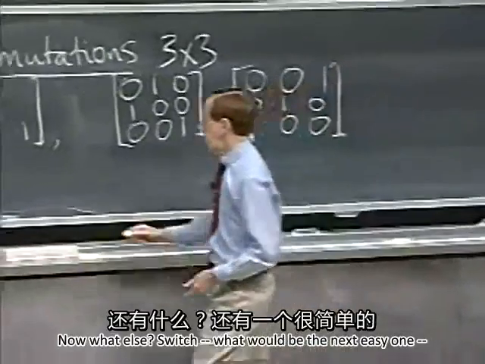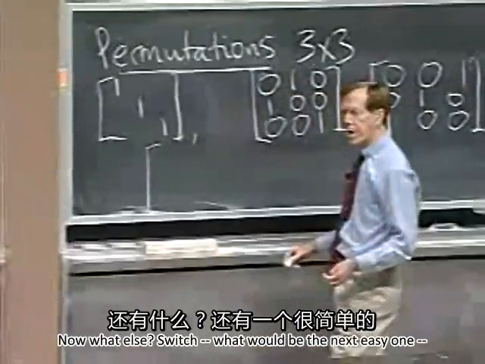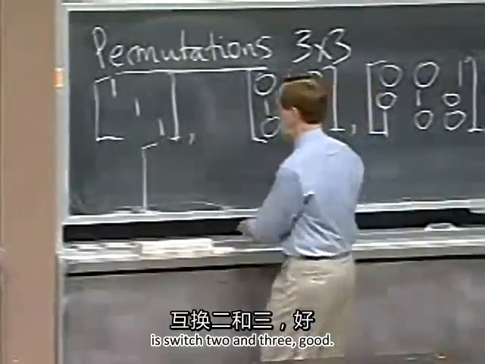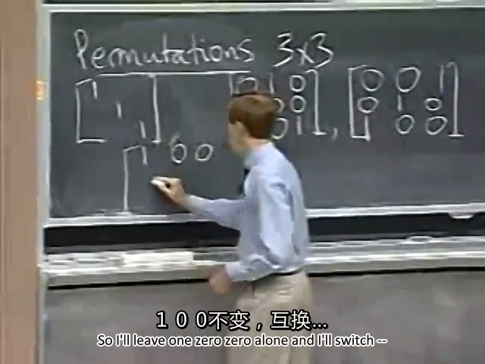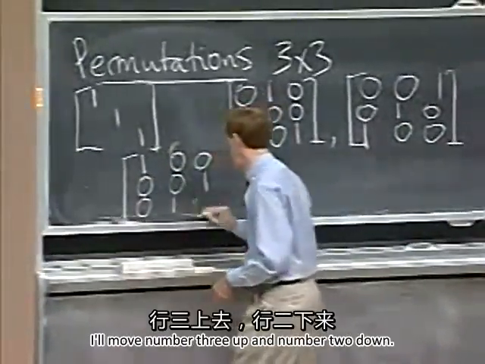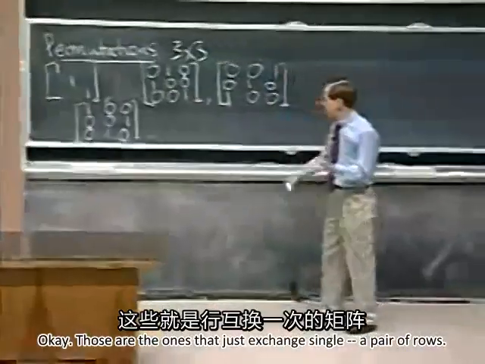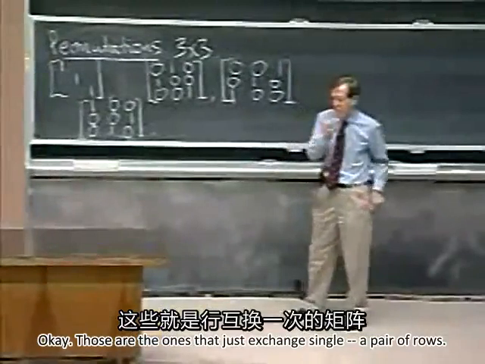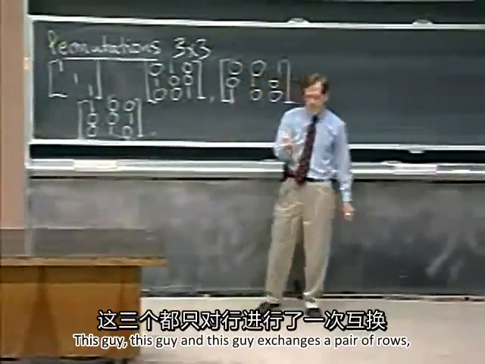Okay, now what else? Switch, the next easy one is switch 2 and 3. Good. So I'll leave 1, 0, 0 alone, and I'll move number 3 up and number 2 down. Okay. Those are the ones that just exchange a pair of rows. This guy, and this guy exchanges a pair of rows.